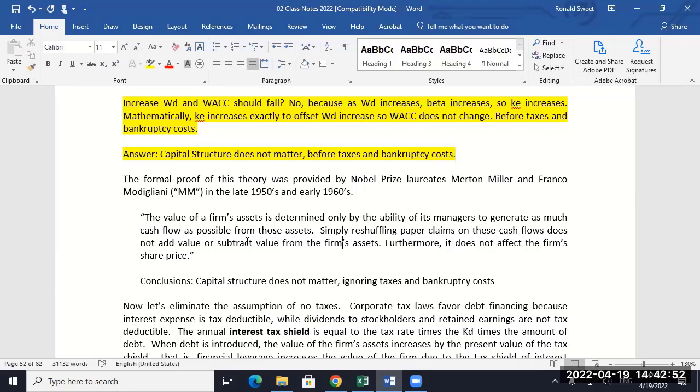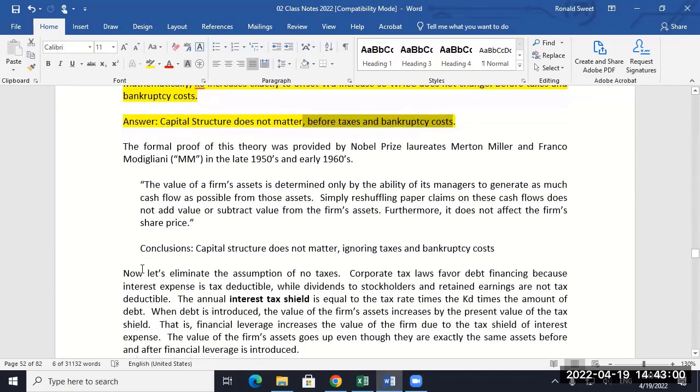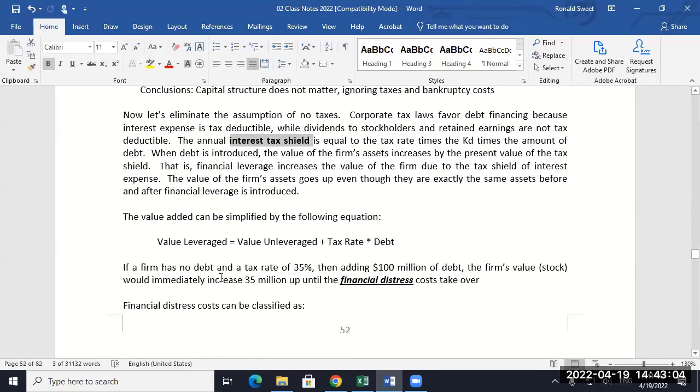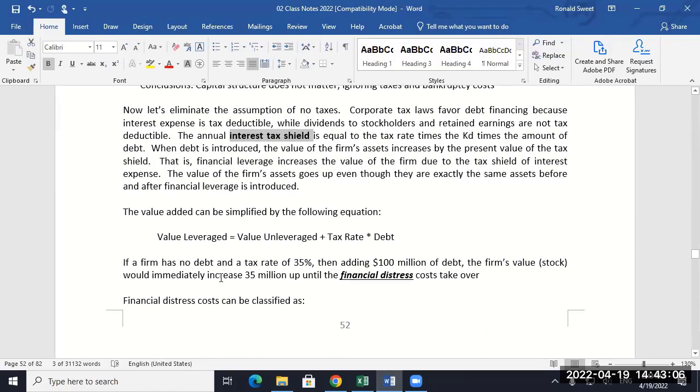Your answer is going to have to be this: without taxes and with taxes answer. So you do need to talk about this before taxes. It doesn't matter. But bringing taxes in, you have something called the interest tax shield. I definitely want those 3 words in your answer. When you borrow money, part of your cost of debt is going to be covered by the U.S. taxpayer because you're going to pay less.